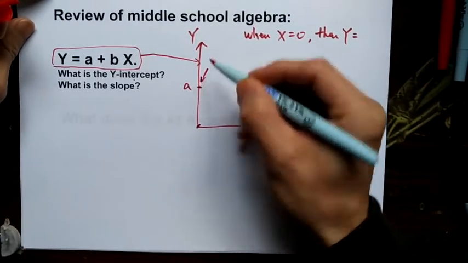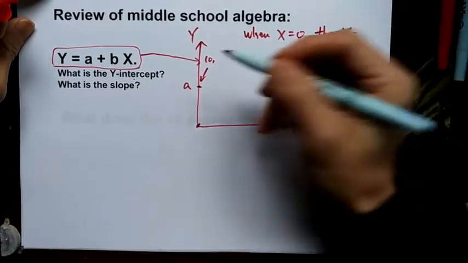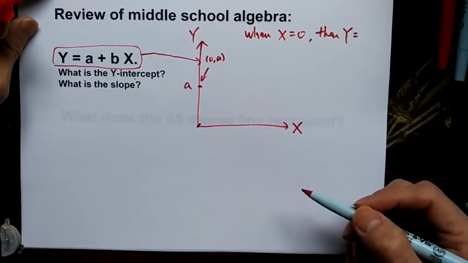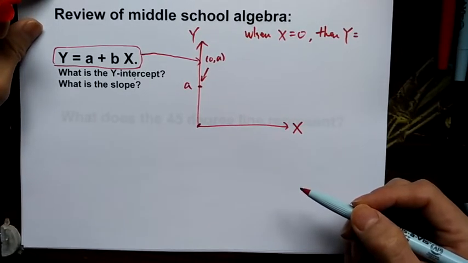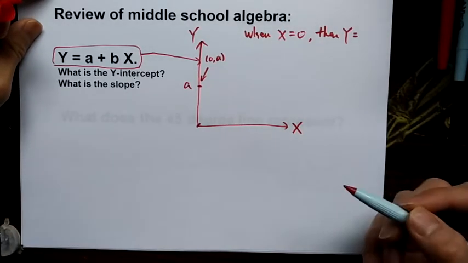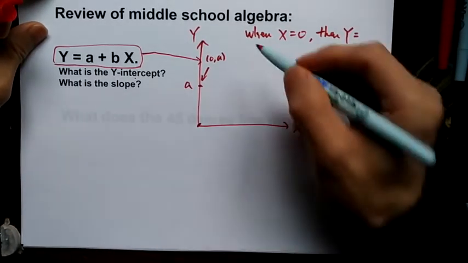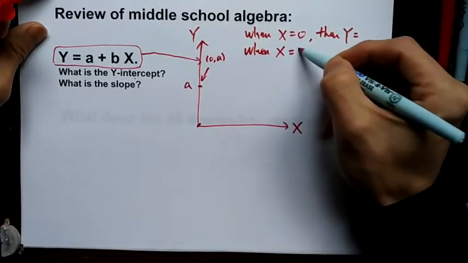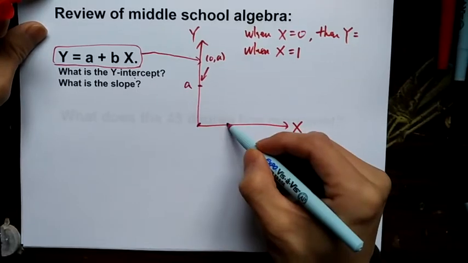So you got the first dot, x equal to 0, y equal to a. Now, how do you get the second dot? There are many ways to get the second dot. Let's try this. When x increases by 1, now x is 1.